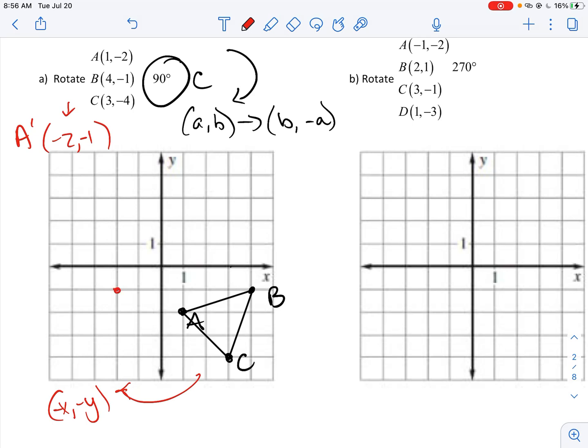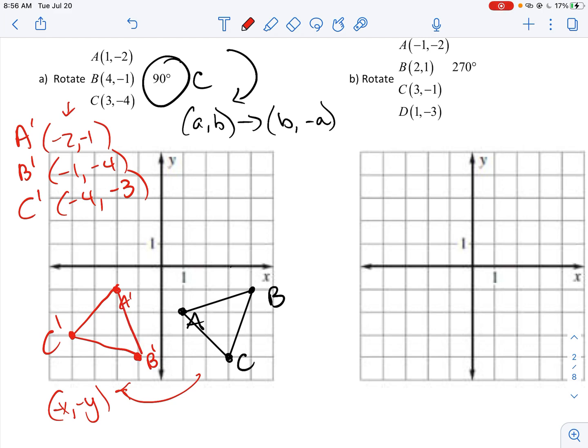So negative 2, negative 1, A prime. So B prime, I switch the two around, and the second one becomes negative. So negative 1, negative 4, B prime. I switch the two around, and the second one becomes negative. So negative 4, negative 3.